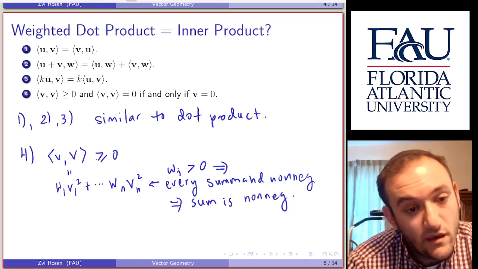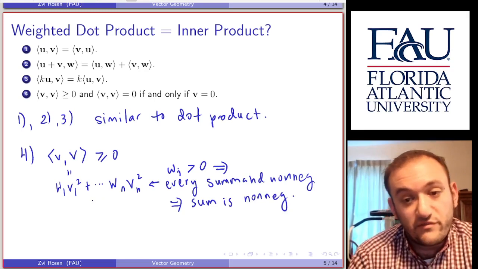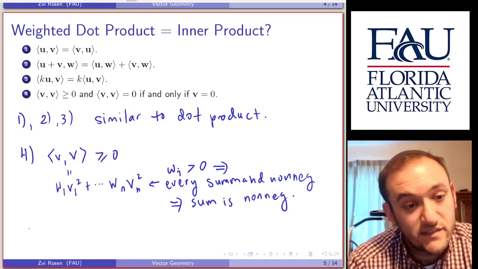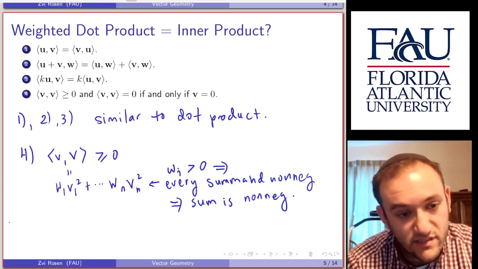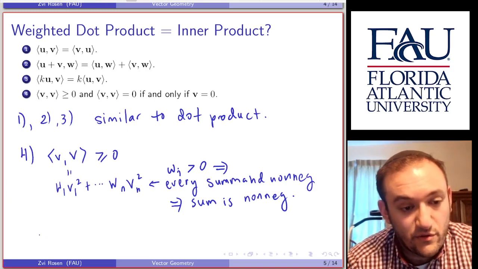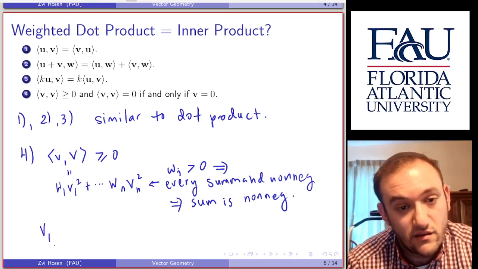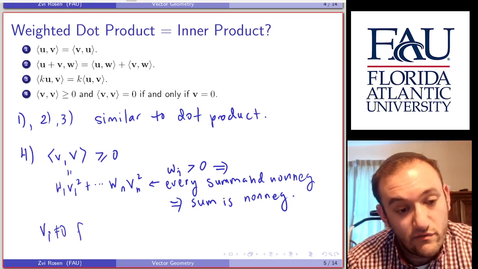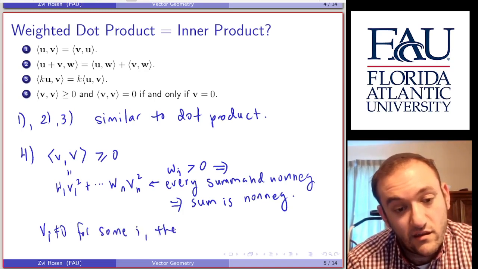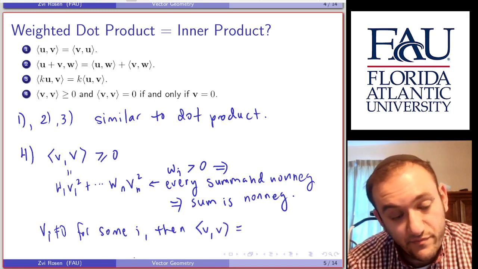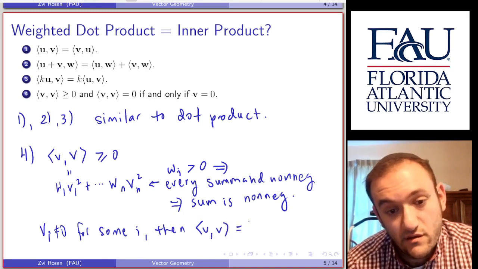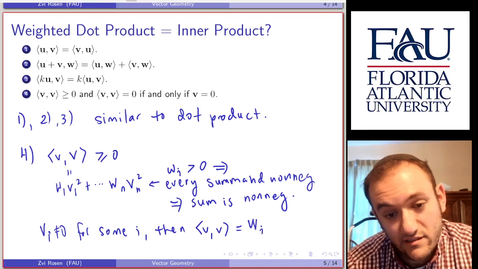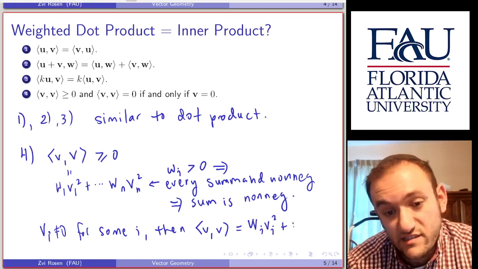Okay? How do we know that inner product of v with itself is 0 if and only if the vector itself is 0? Similar to the previous argument, if we know that vi is not equal to 0 for some i, then the inner product of v with itself gives you wi times vi squared plus some other positive stuff.